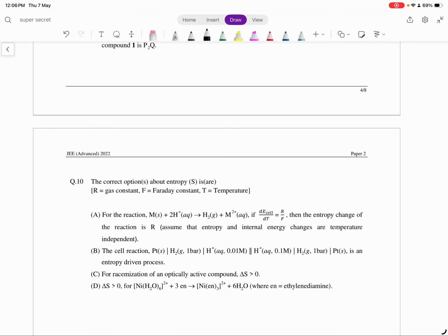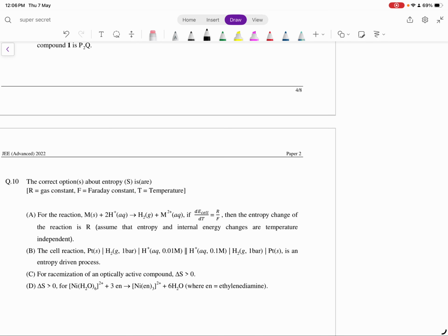Question 10. The correct options about entropy for the reaction: if dE cell by dt is equal to R by F, then the entropy change of the reaction is R. Here's the thing.